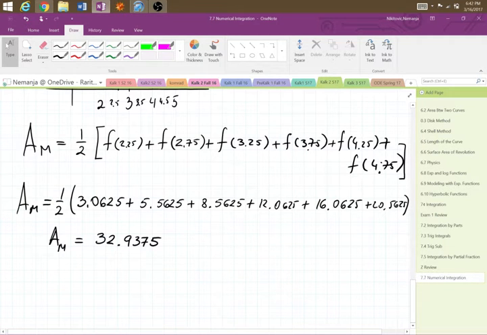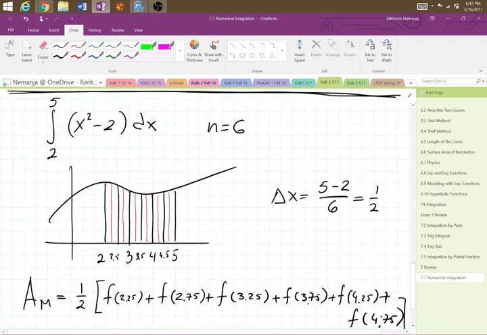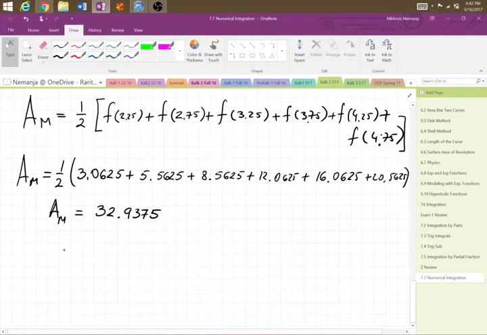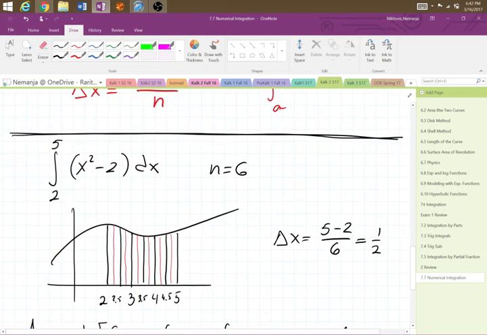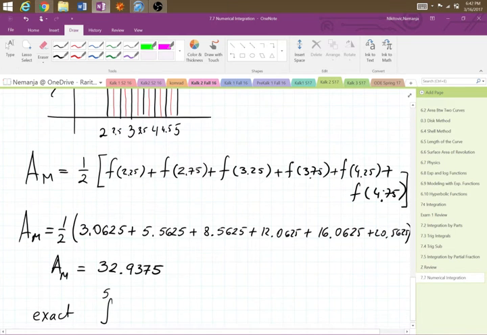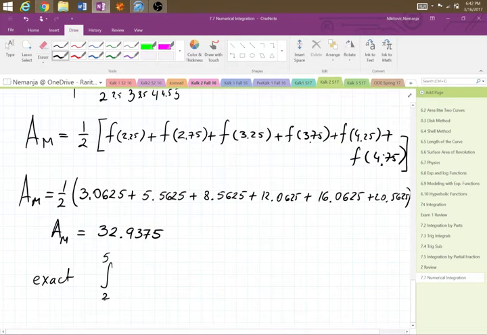Now we can actually solve this problem exactly, which is the integral from 2 to 5 of x squared minus 2.